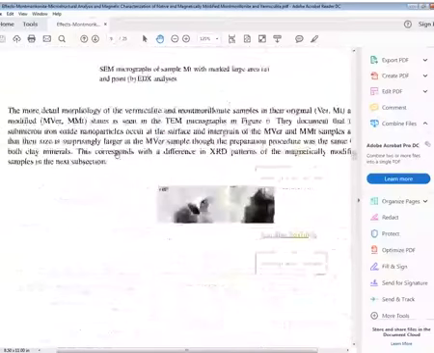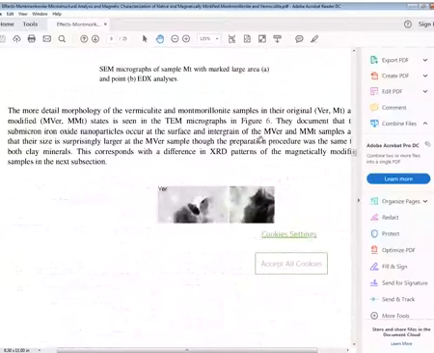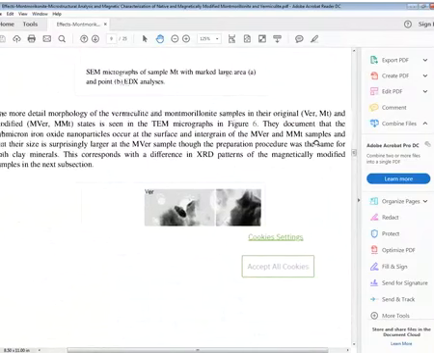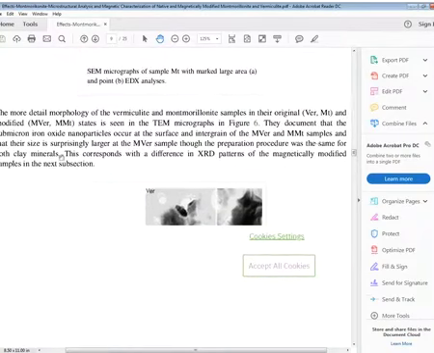Continuing from here, you see the more detailed morphology of vermiculite and montmorillonite samples in their original, empty and modified states, as seen in TEM micrographs. They document that submicron iron oxide nanoparticles occur at the surface and integrate, etc.